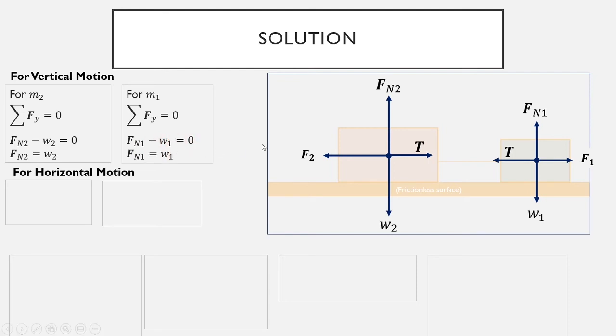Equal lang pala sila. Pagdating naman sa horizontal motion, now it's different. Because for mass number 2, this is what's going on. Tension minus force number 2, kasi naglalaban sila. This is going to the right, this is going to the left. These are the two forces acting on this whole object.